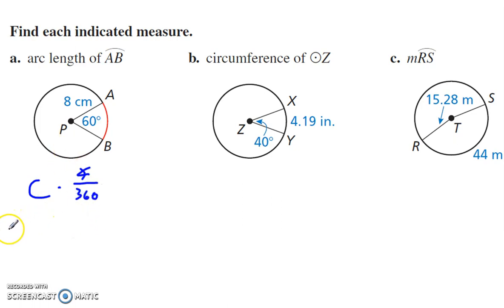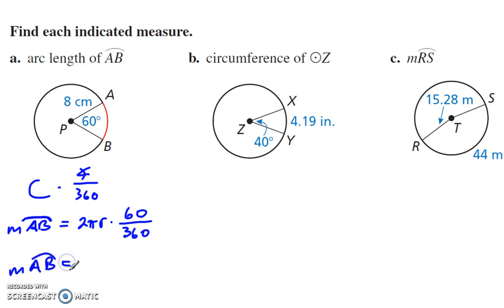So the arc length of AB is equal to 2 pi times the radius times 60 over 360. Type that in.